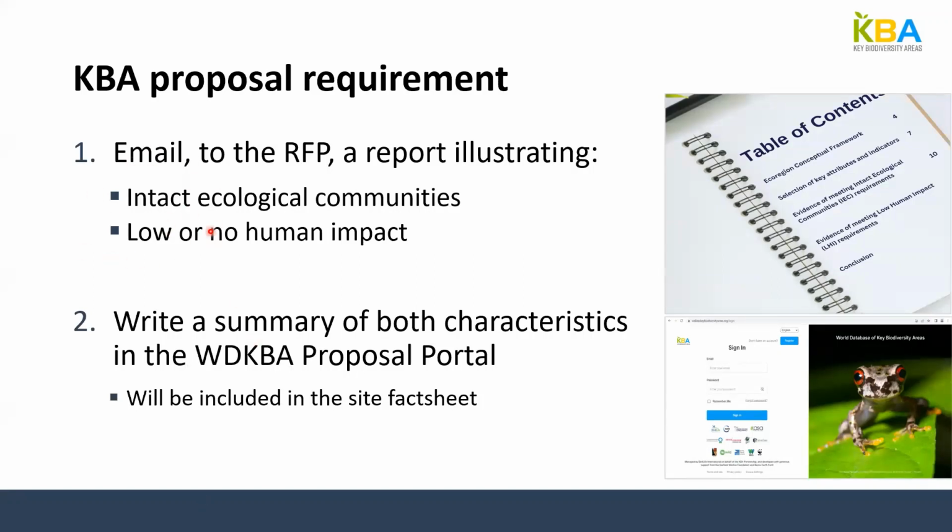One is that you will have to write a report that illustrates how the site has intact ecological communities and low or no human impact, and then you'll need to email that report to the regional focal point. And then 2, in the WDKBA proposal portal, so here you can see a picture of it, you will need to summarize both of these characteristics in the relevant section of the WDKBA.